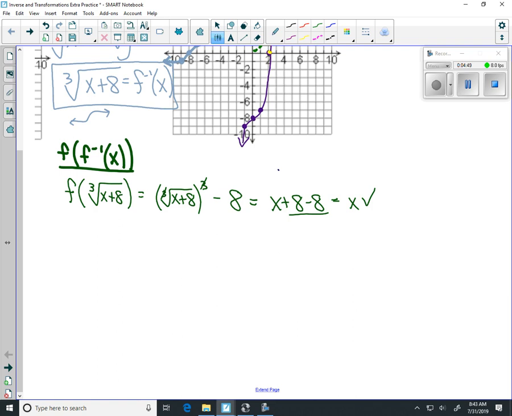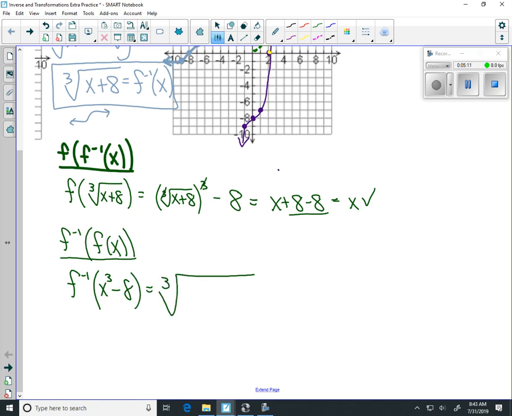And now we're going to go the other direction. Remember, to prove this, using composition, you have to go both directions. Both directions have to equal x. So was x cubed minus 8. And we're plugging that into our cube root of x plus 8.